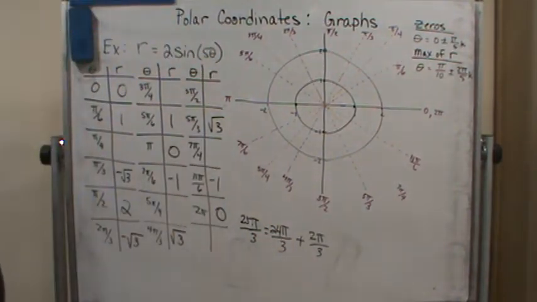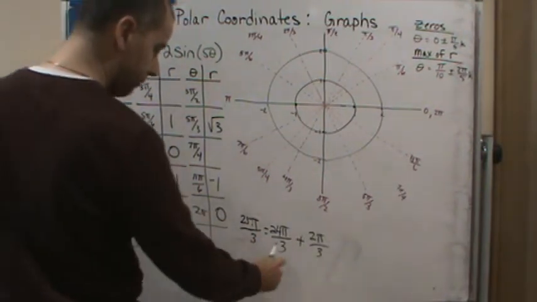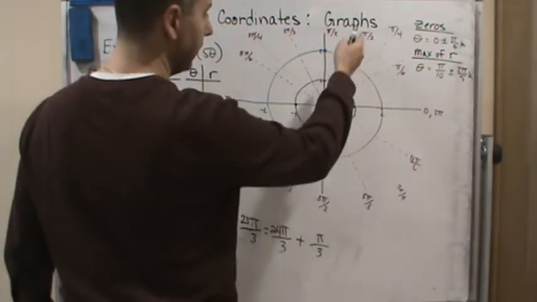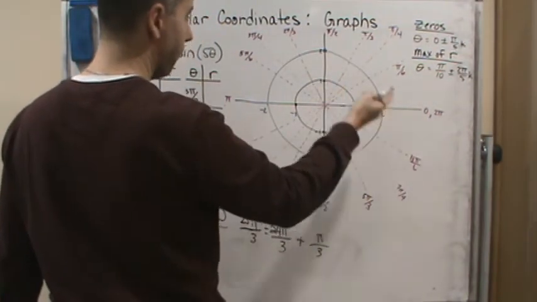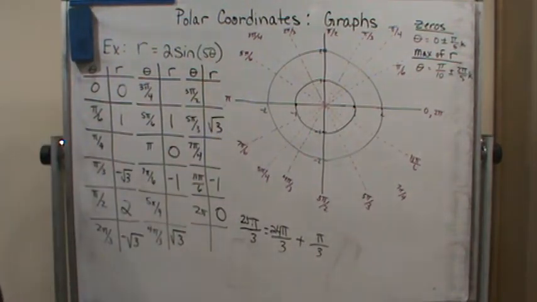So 24 pi over 3 gives me 8 pi, so that's a multiple of 2 pi, and then I'm going to have a pi over 3 left over. Pi over 3 is in the first quadrant, so that's going to be positive, and it's again square root of 3.